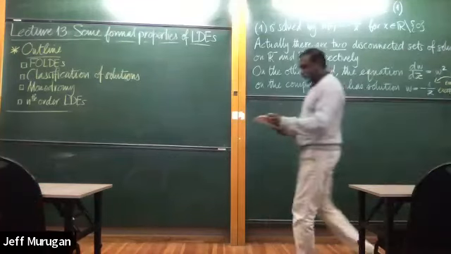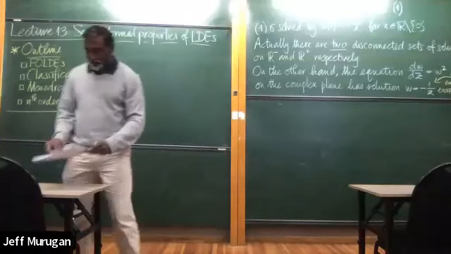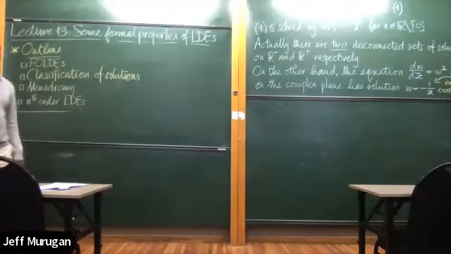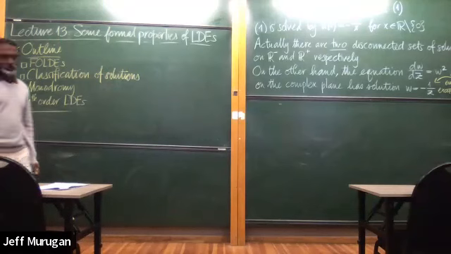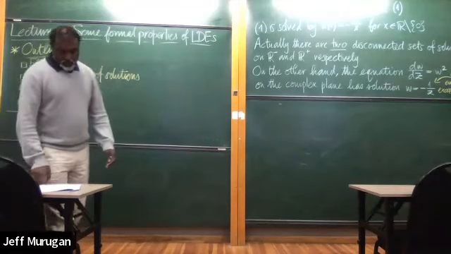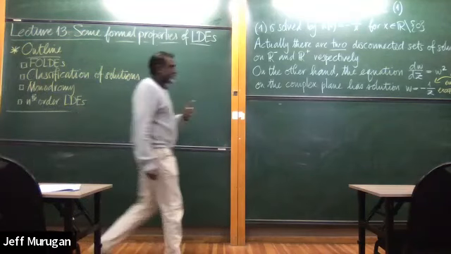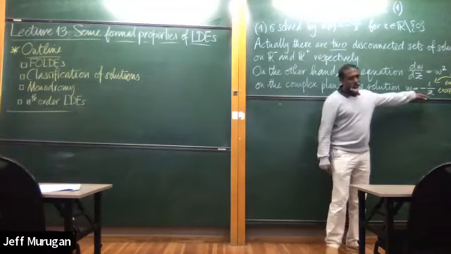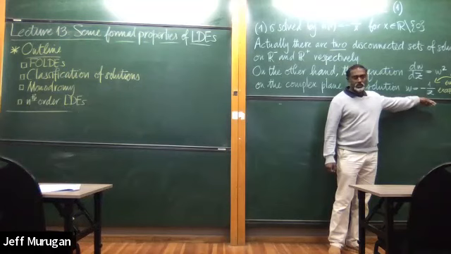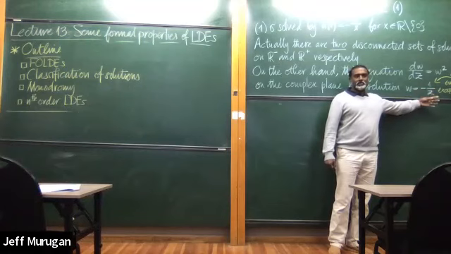At z equals 0, I expect this to blow up. And in fact, I have a pole at z equals 0. However, on the complex plane, the connectivity of the domain of w is not destroyed because I can always deform my path around z equals 0.